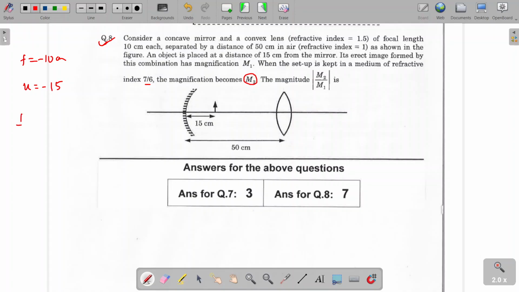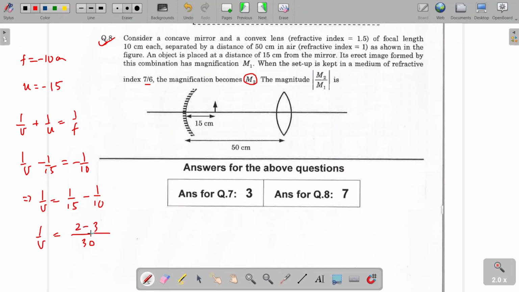So 1 upon v plus 1 upon u is equal to 1 upon f. Then 1 upon v is equal to minus 1 by 15 is equal to minus 1 by 10. This implies 1 upon v is equal to 1 by 15 minus 1 by 10, and 1 by v is equal to 2 minus 3 over 30.